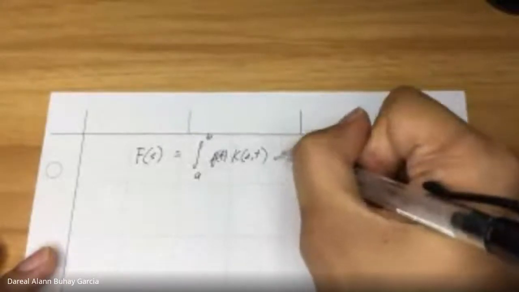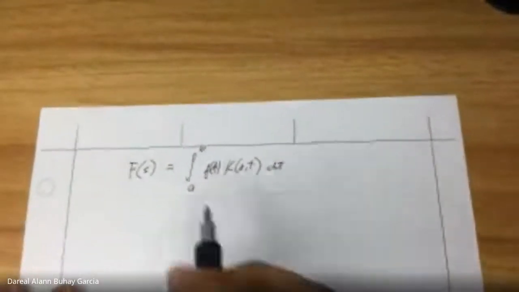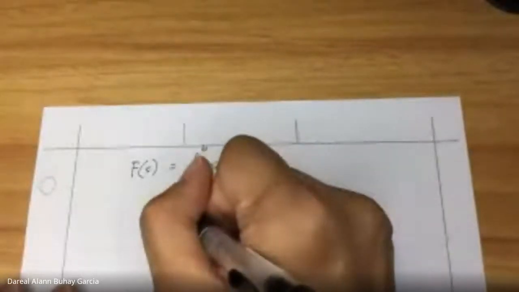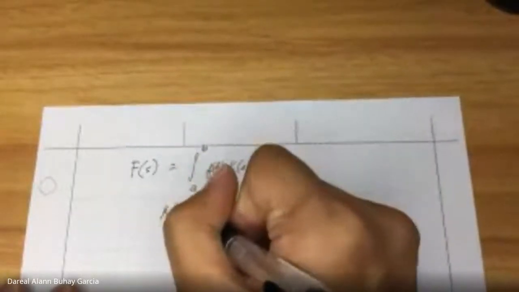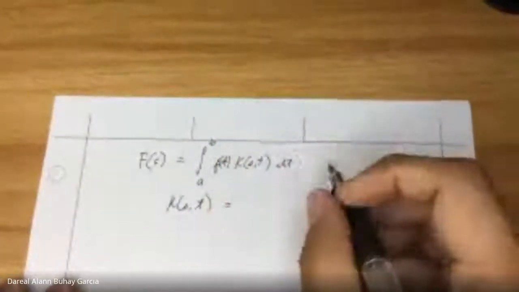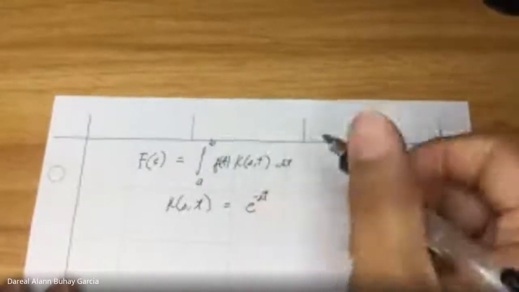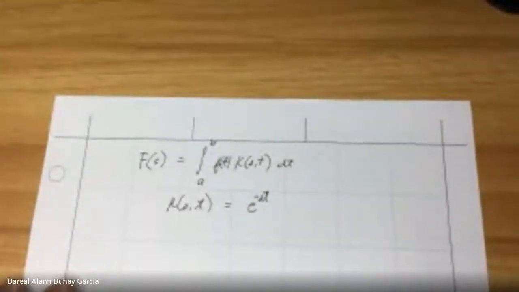May kulang din ani, dt. Dapat naa dt ni. Kay Laplace transform na itong gamiton. Our kernel k of s and t is e to the power of negative st, no?